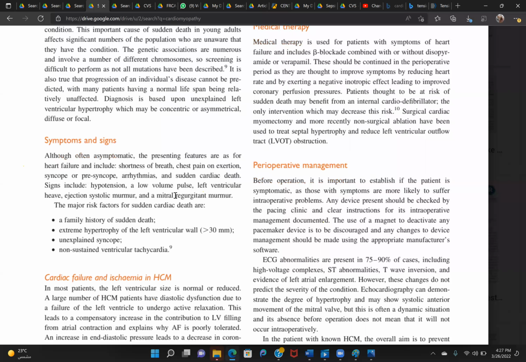The picture is similar to aortic stenosis. There will be syncope and chest pain, just like the symptoms of aortic stenosis.